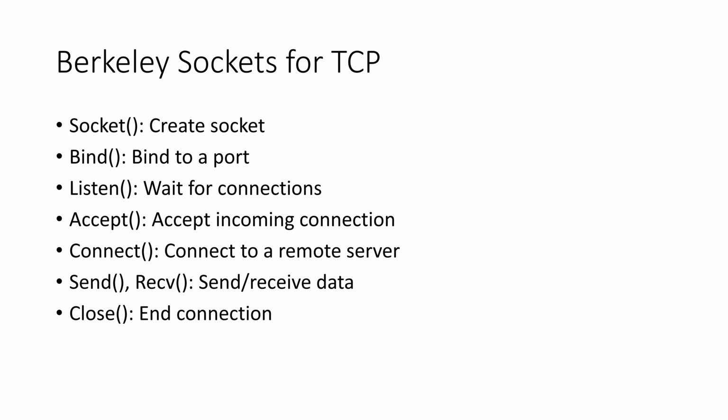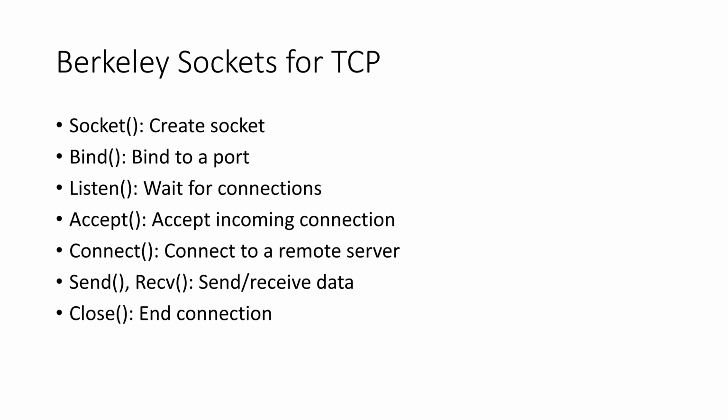With TCP, the Berkeley socket interface behaves much like managing a file. You start by calling socket to create a new socket, then you use bind to attach this socket to a particular port number on your local machine. On the server side, you call listen to wait for incoming connection requests. When a client requests a connection, the server uses accept to establish the connection.